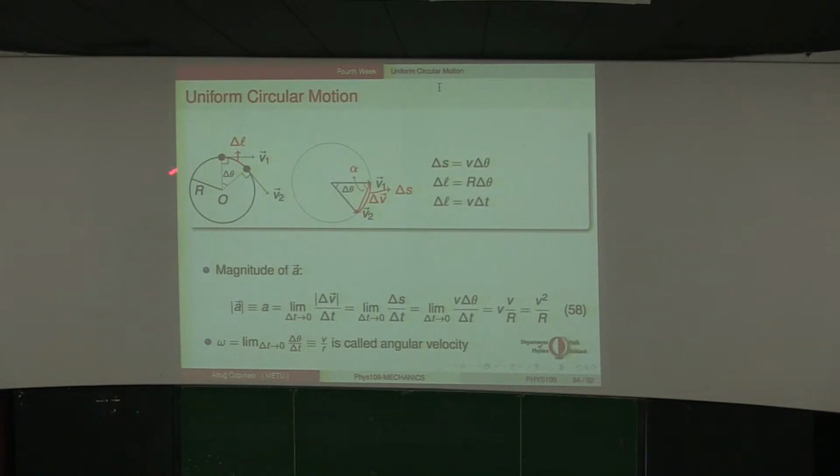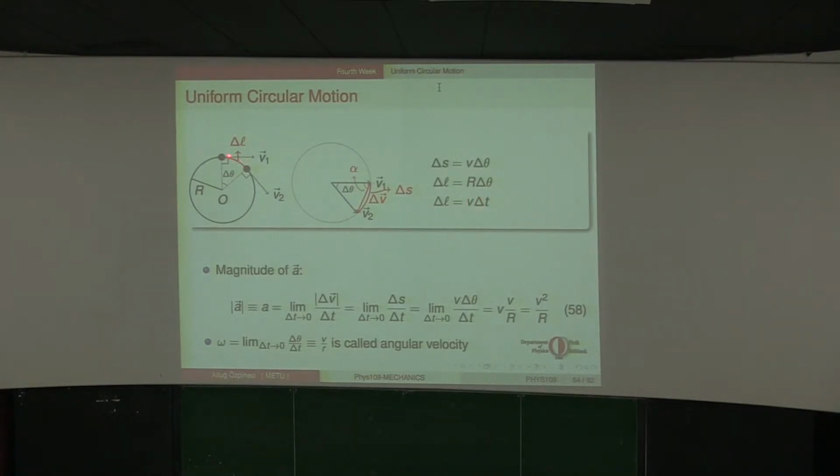I'm taking two very close points on the trajectory of my object. Now, if I come back to this diagram, the length of this arc over here, delta L, on one hand, is the radius of the circle times the angle that this arc sees, r times delta theta. On the other hand, I know the speed of my object is always v. It moves at constant speed for a time delta t. So the distance it covers is nothing but v times delta t.